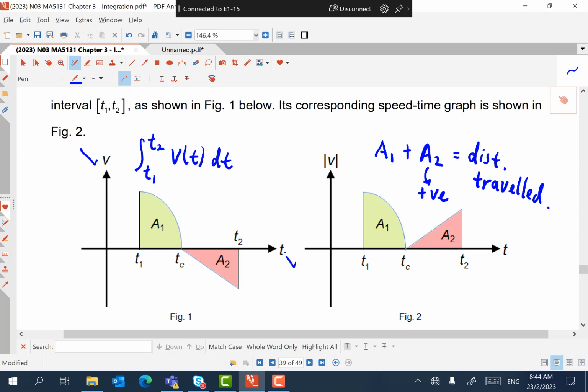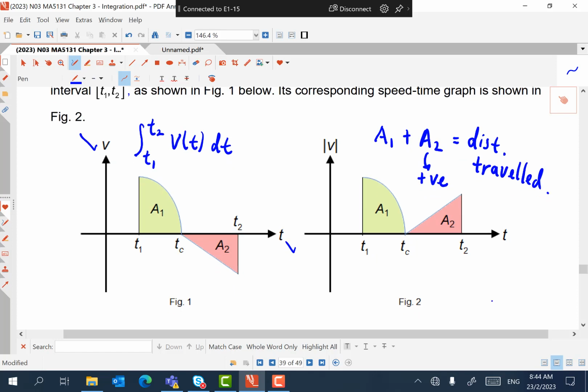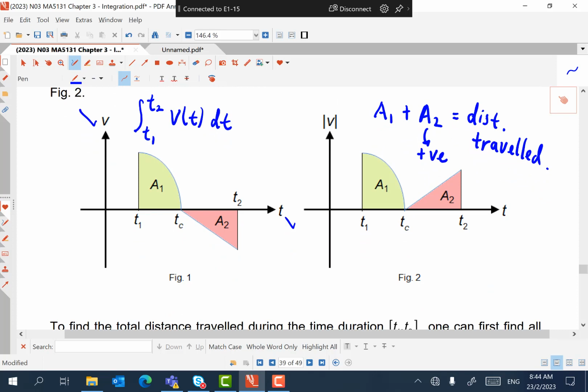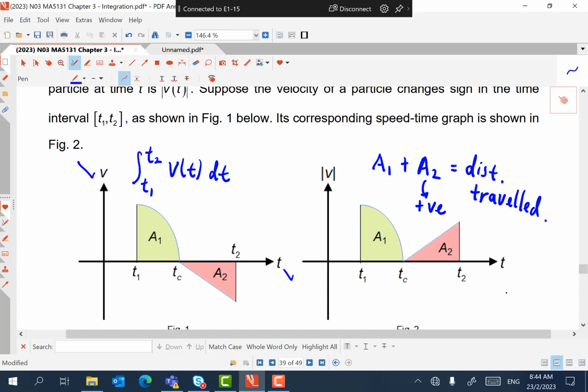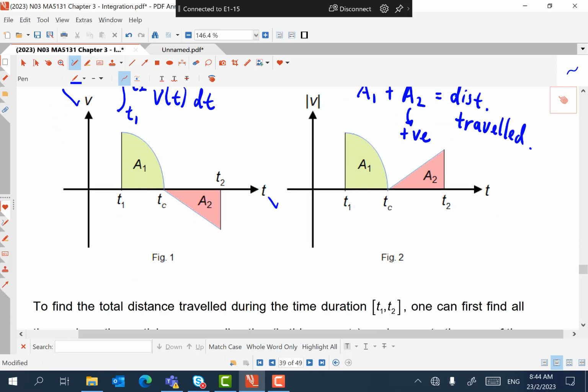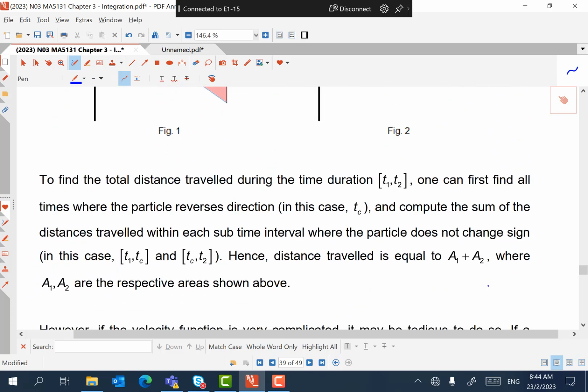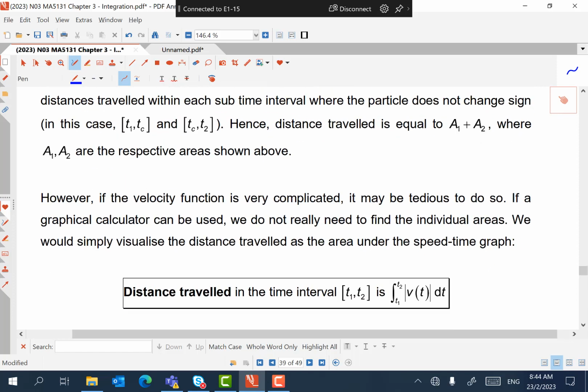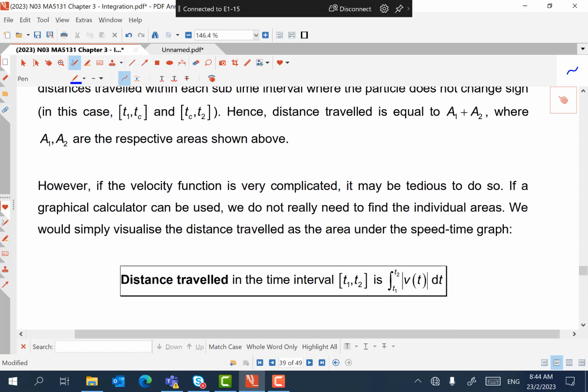And then using this diagram, they ask you to find the distance. By now, I am sure you know that if you ever have to find a distance from a VT graph, you can simply find the distance by this. Okay.